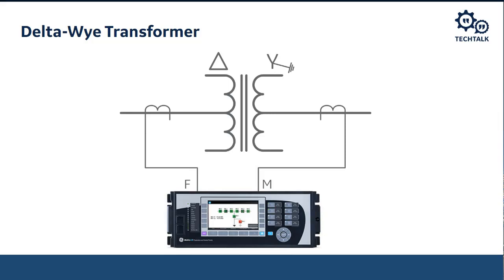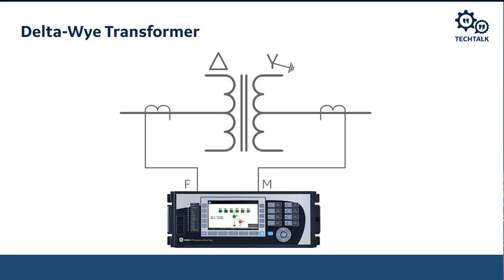The other tidbit of information that will be useful in this particular example is the F and the M that we show on the relay. The high side, 230 kV currents are connected to the F current bank on this particular relay.